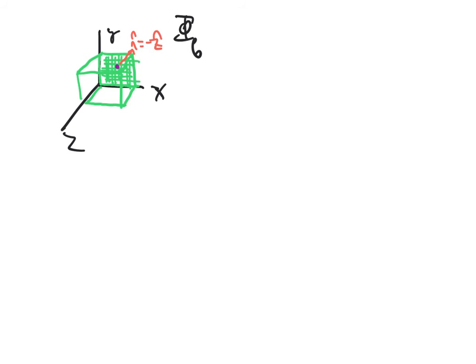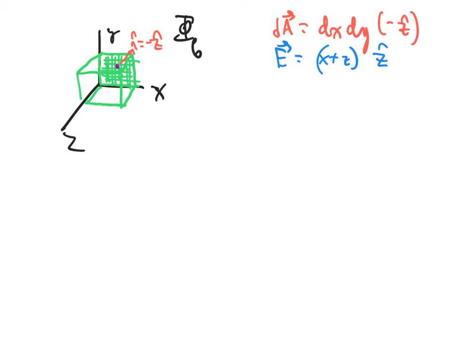We still have that dA is going to be dx dy, same magnitude, but in the minus z hat direction. And then the electric field, remember, was x plus z, still in the z hat direction.